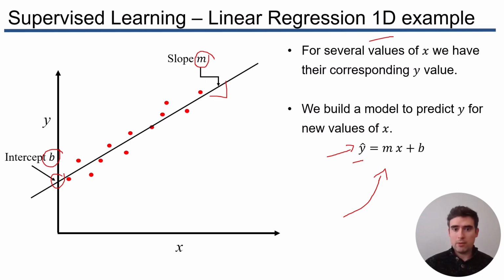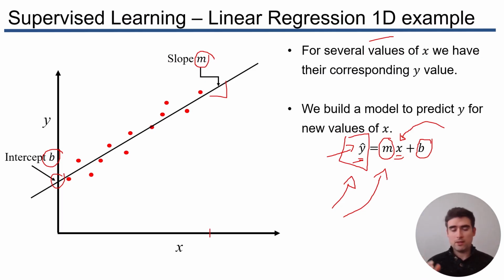Now, I can create a linear model where, given, for example, some square meters, so these are inputs x, because we can go to a house and measure the square meters, and then based on the parameters m and b, which we have learned from our data, we can give an approximate value for this value y.